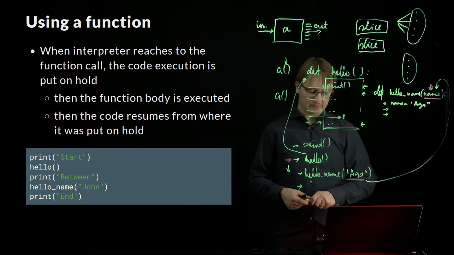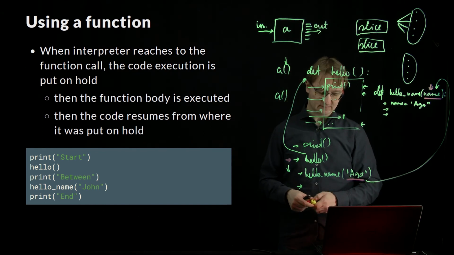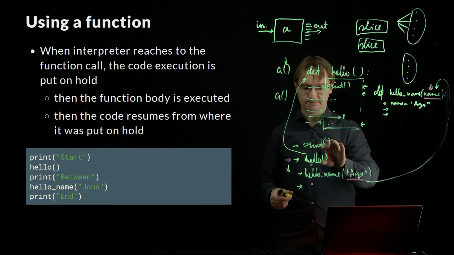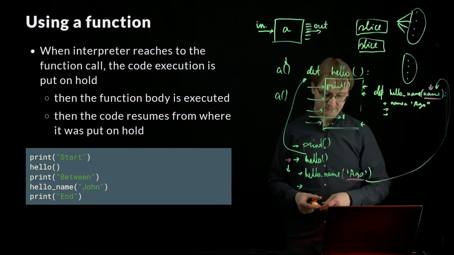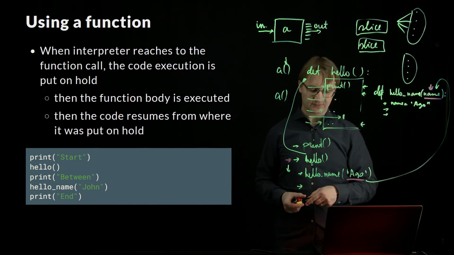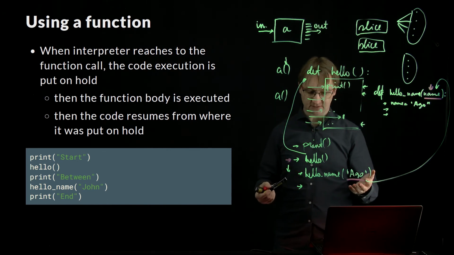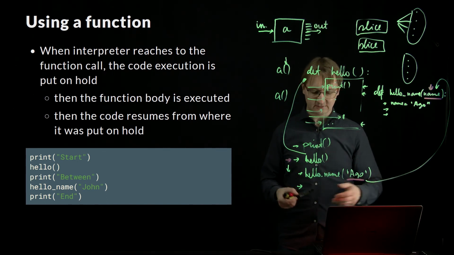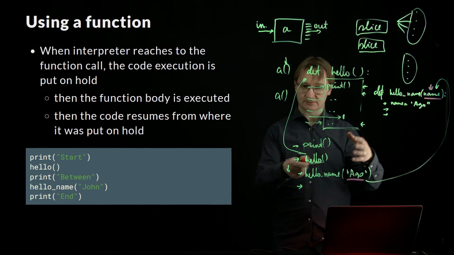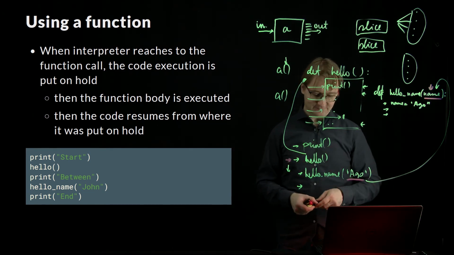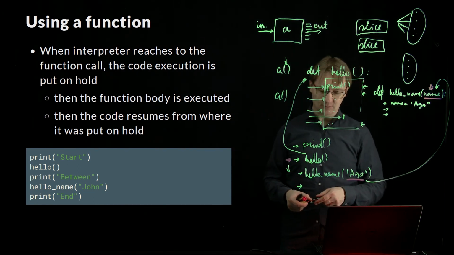So here's an example. We have print lines between those function calls. And now we can see what happens. First, we execute the start, or printing out the start. So the start will be put on the screen. Then we will go into hello.